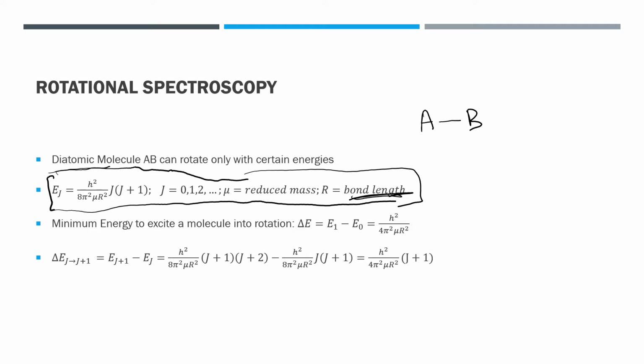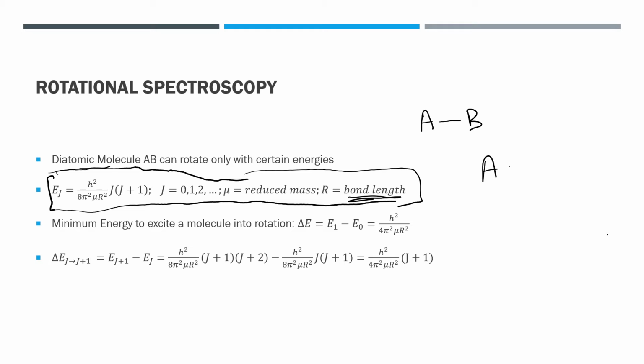This gives us something really interesting, right? We use bond length in this equation. So maybe by probing the certain frequencies that are absorbed to excite rotational energy levels, maybe we can tell something about the length of the bond. And this kind of makes sense, right? The bond length has to do with the rotation. Why?